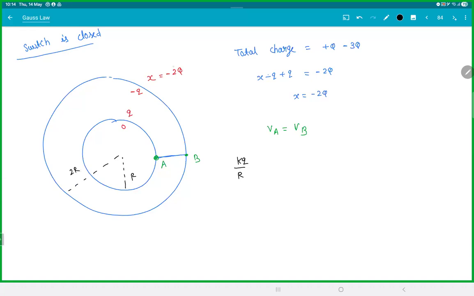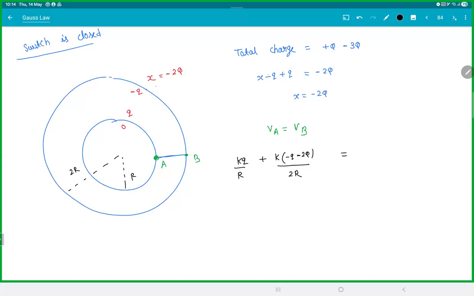Great. For minus Q charge and minus 2Q charge, both are at the same distance. Where is point A? It is inside. For these two charges, point A is inside. What is the potential inside a shell? K times minus Q minus 2Q by 2R. Is that making sense, everyone?